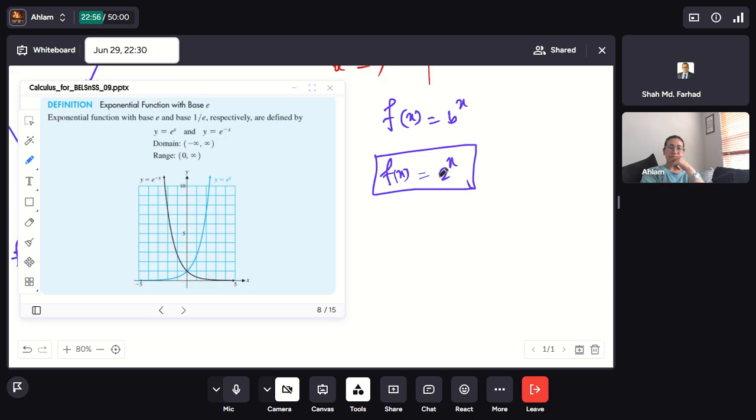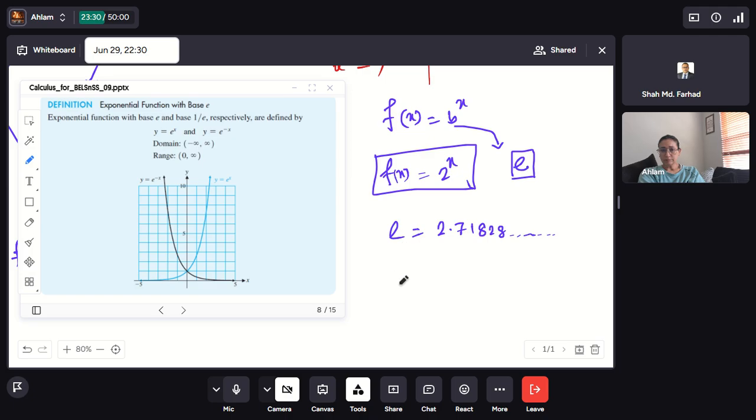And now if we use e in place of b, basically e is an irrational number, and the value of e is 2.71828 and so on. So e is just like pi, an irrational number.